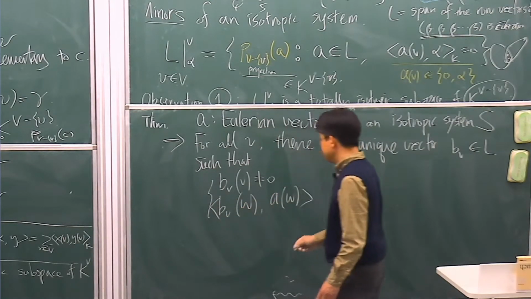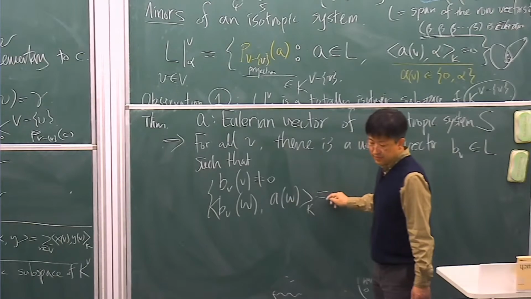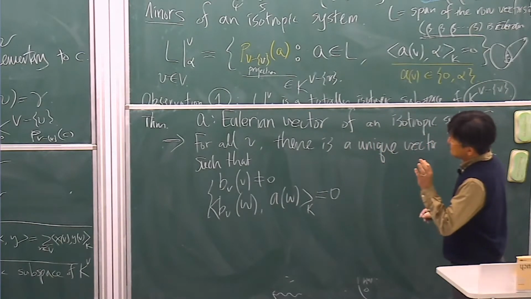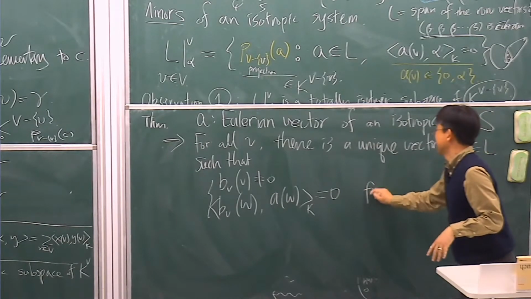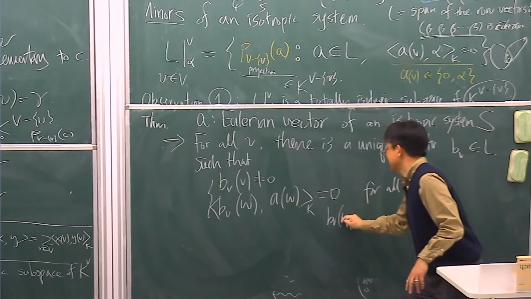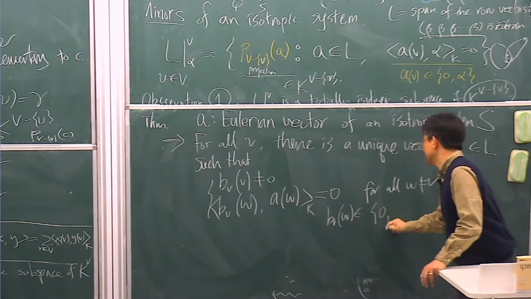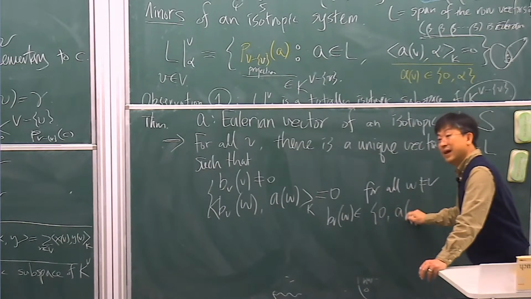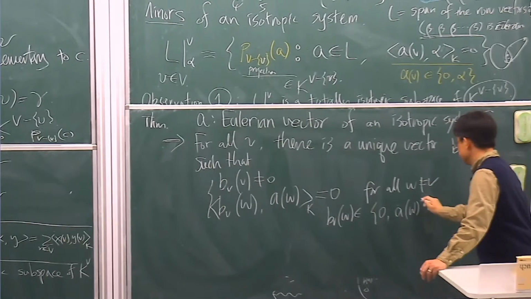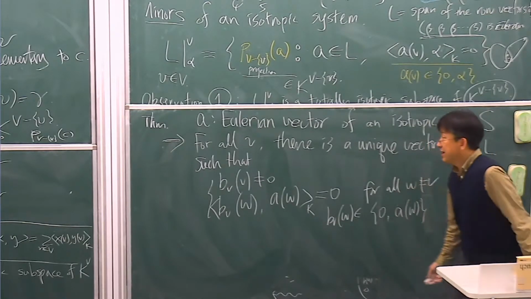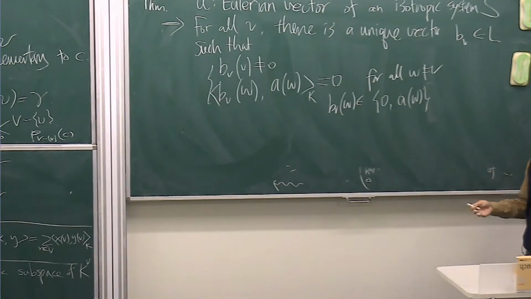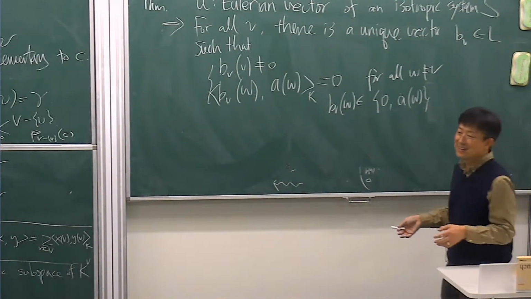So BVW is orthogonal to, I mean, no, not supplementary. It's, so this means that BVW is in 0 or AW. And the proof is again some linear algebra type of proof, you can imagine.